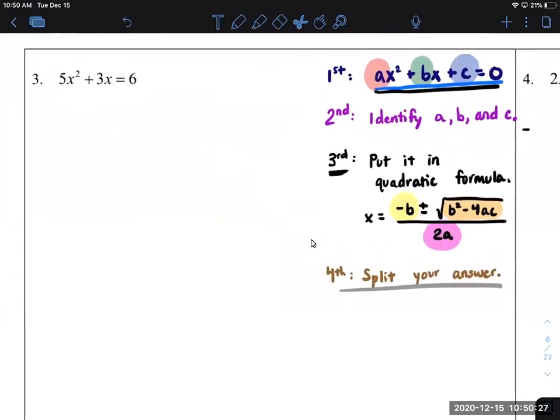So our first step, remember we want it to be in this form, ax squared plus bx plus c. So I have the x squared, I have an x, and then we kind of get a little bit stuck because it's supposed to be equal to 0, but it's not.